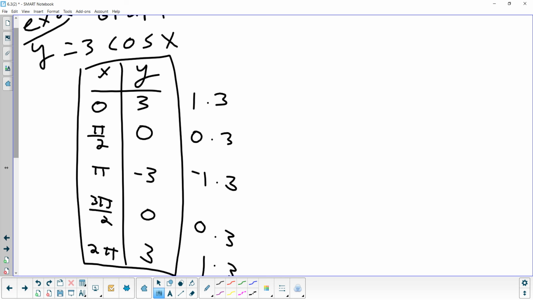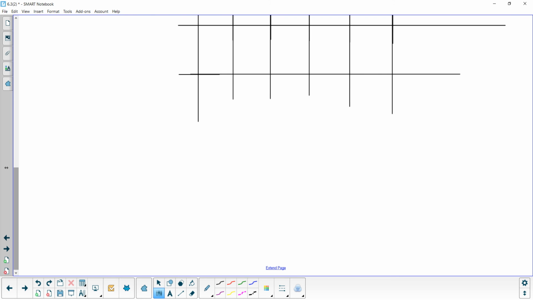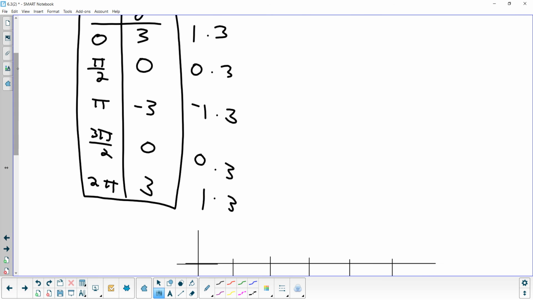Okay, so now my sketch. I'm going to label my x's. Let's go 0, pi over 2, pi, 3 pi over 2, 2 pi. And the problem with a vertical stretch is if you stretch too much, you might need a very big piece of graph paper, unless you change your scale.